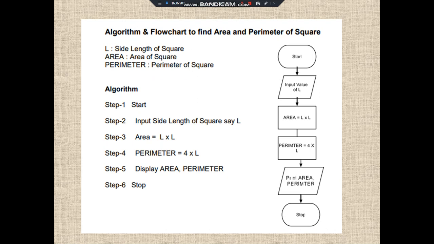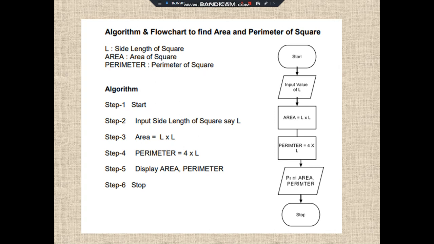So the first step is start. For the start you will require the oval. Then next you are taking the input from the user side, so the parallelogram will be used. You are taking the length from the user side. Then we need to calculate the area. As we are going to calculate the area, it is a process, so for process the rectangle will be used. Then we are going to calculate the perimeter.